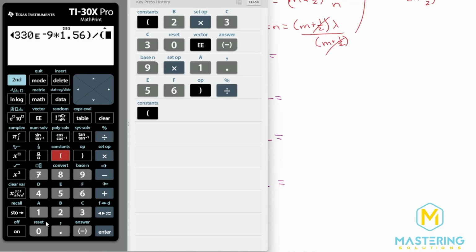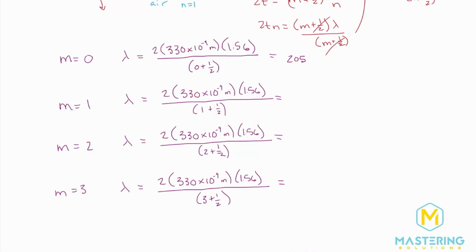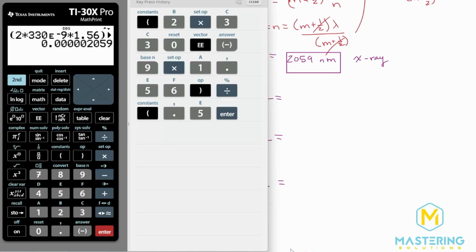And now we'll be dividing that by the m, which in this case is 0.5. So that gives us 2059 nanometers. And so that is going to be like an X-ray level, but 2059 is the m of 0 wavelength. And then let's go through the others.